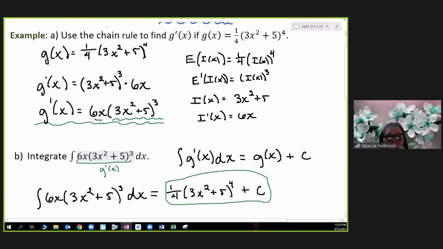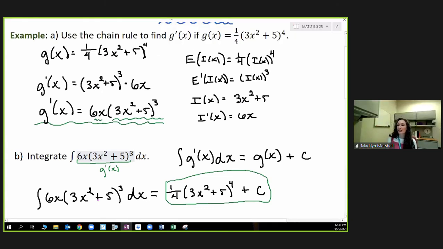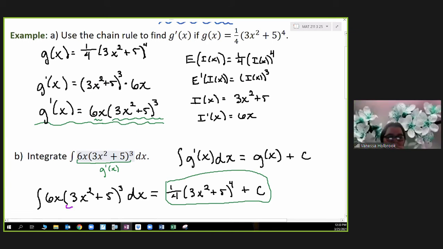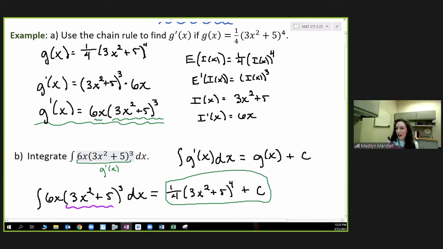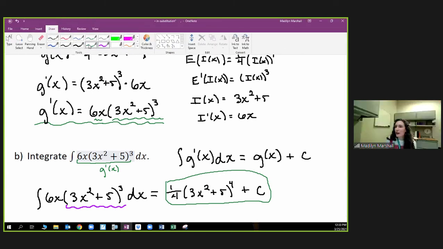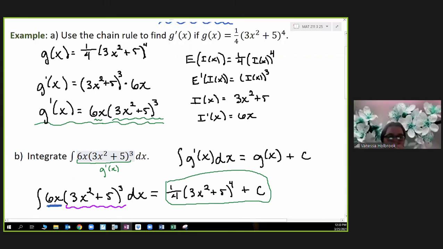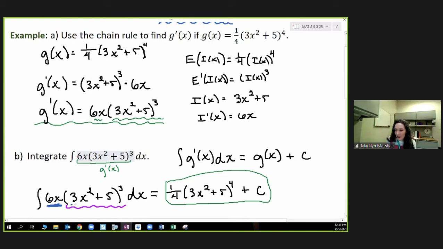So the thing to highlight here to see that will give us our substitution method is that we had this sort of complex function in our integrand. And there was also a piece on the outside that happened to be the derivative of something on the inside.